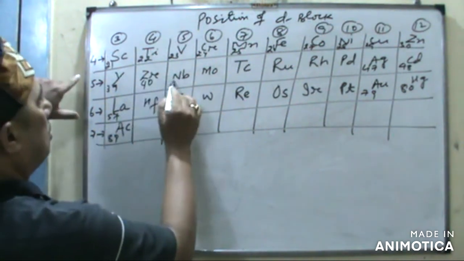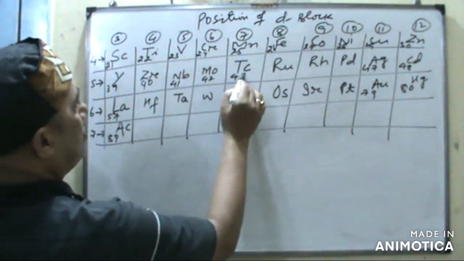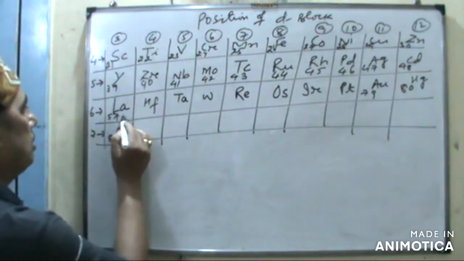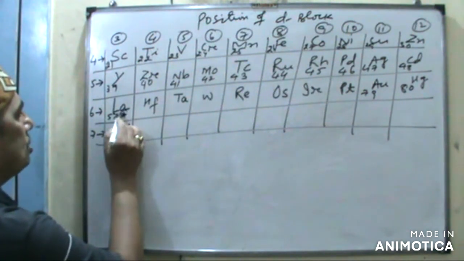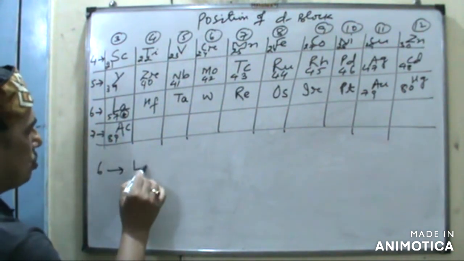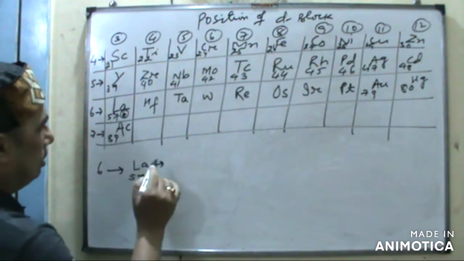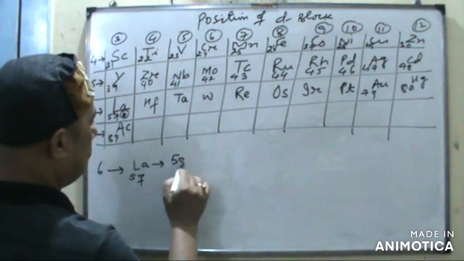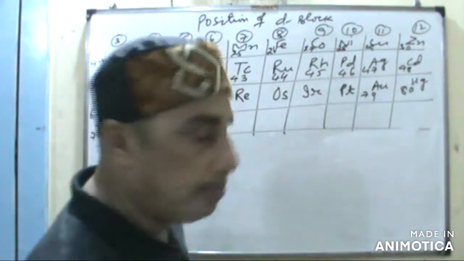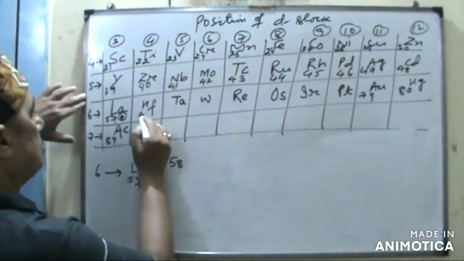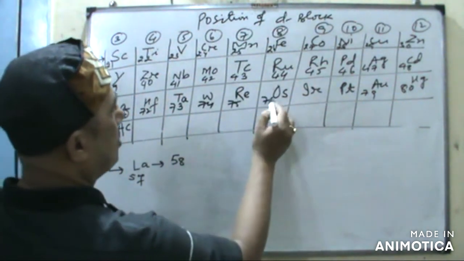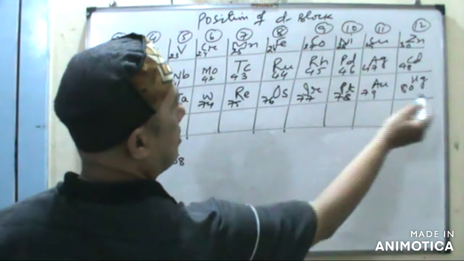Zirconium is 40, 41, 42, 43, 44, 45 and palladium is 46. Here you have to put one star to remember. In the 6th period is the lanthanide series, just next to lanthanum, right? So 58 to 71 are the lanthanide series. Then 72, 73, tungsten 74, 75, 76, 77, 78, 79 and 80.